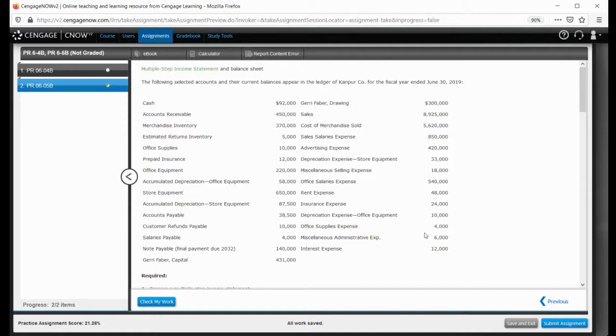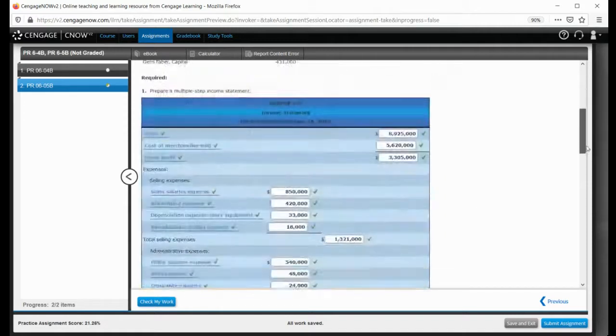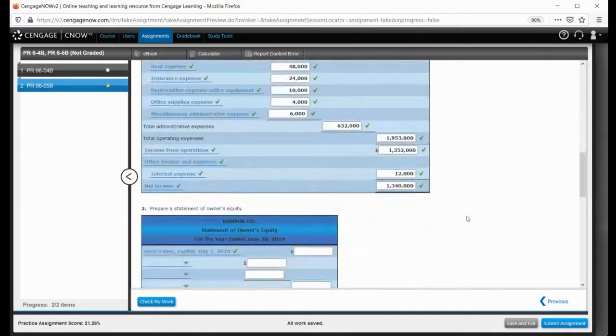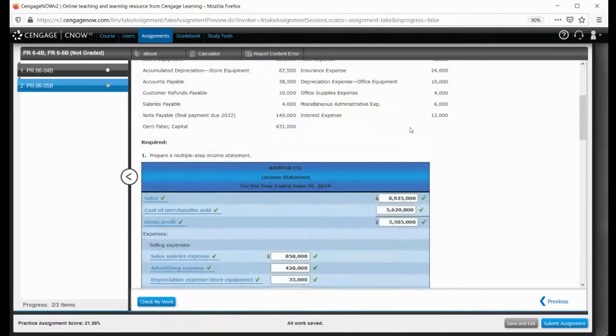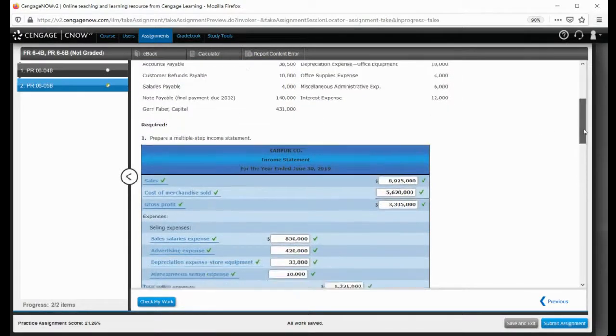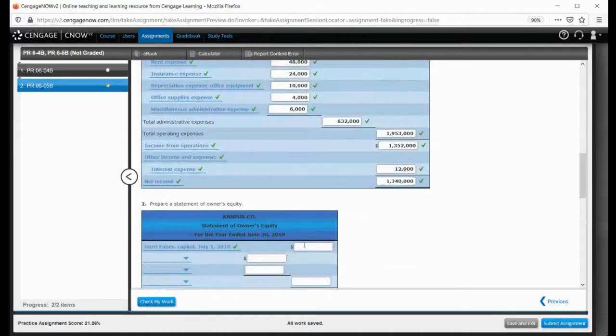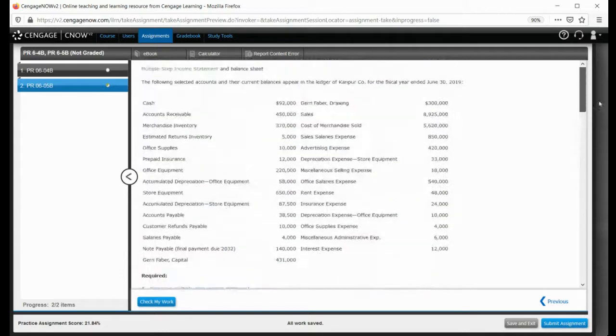431,000. This is the beginning amount of capital for this company because this company has been in business for a while. Again, the amount was 431,000. And because they did not tell you anywhere in the instructions of this problem, we don't know that there was any more additional investments.